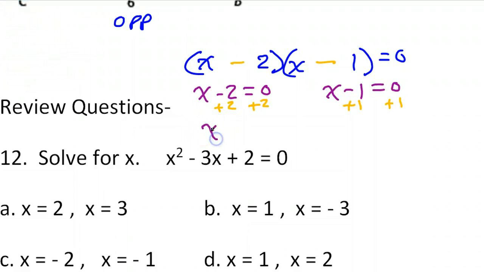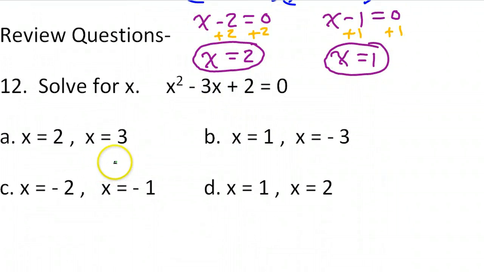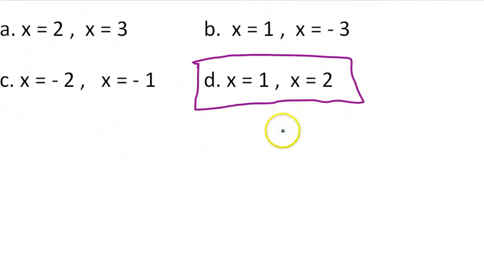That gives me x equals positive 2, and x equals positive 1. So the answer is D. Positive 2 and positive 1. So that was number 12.